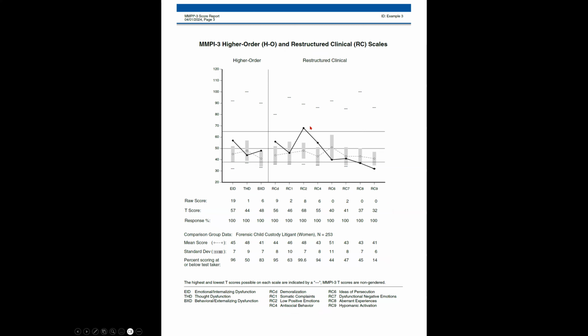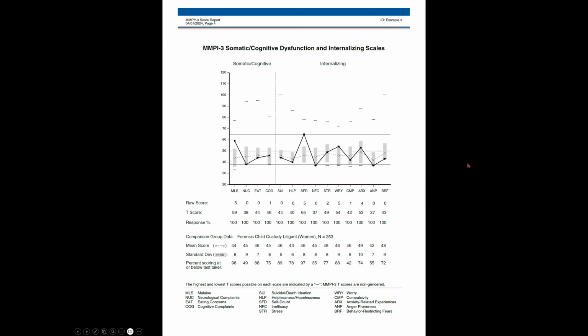She does have a clinically elevated score on RC2, low positive emotions, associated with anhedonia and lack of positive emotional experiences. She's at the 99.6th percentile for a child custody litigant on this scale, so that's a substantial elevation, coupled with a very low score at the floor, a raw score of 0 on RC9, lack of energy, and other features associated with that would be part of the interpretation.